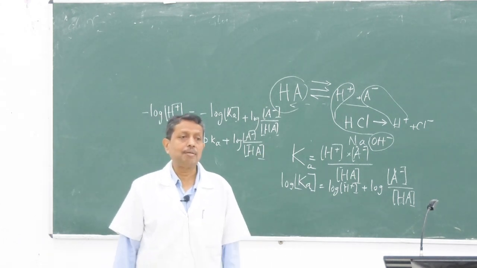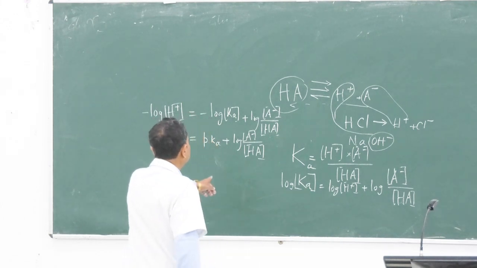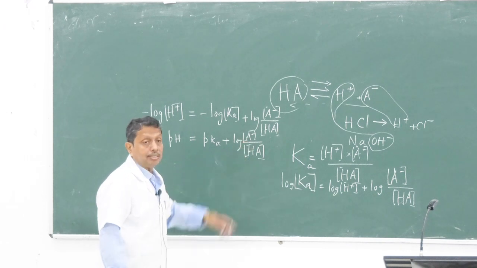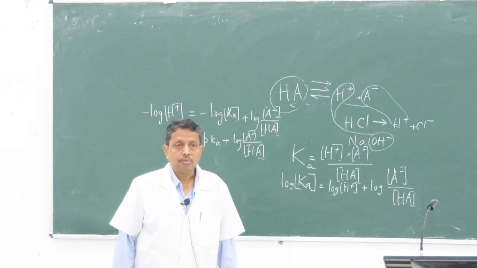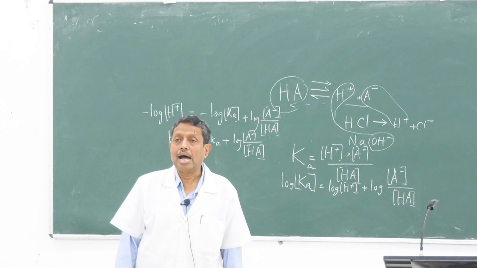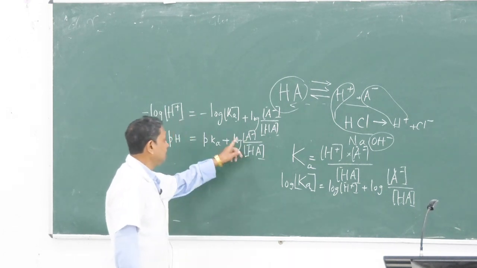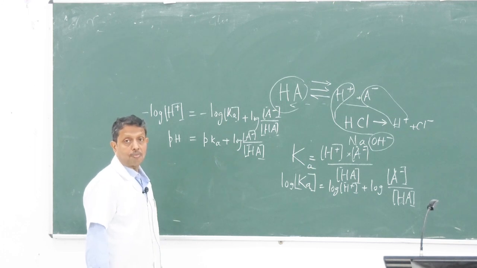This is the Henderson-Hasselbalch formula. A is the anion or unprotonated form, and the other is the protonated or undissociated form. This is this ratio.